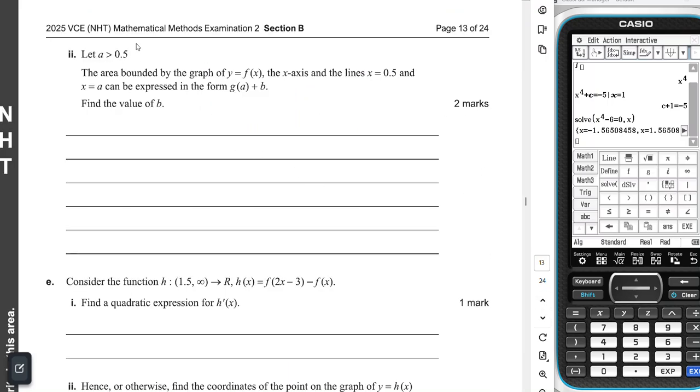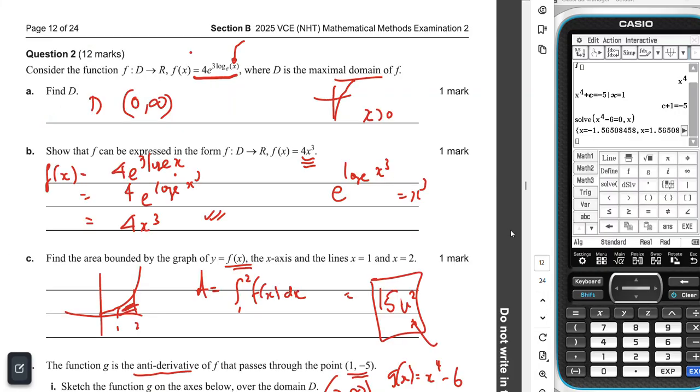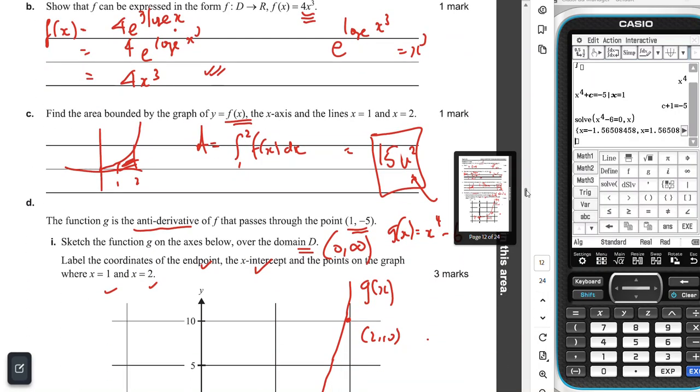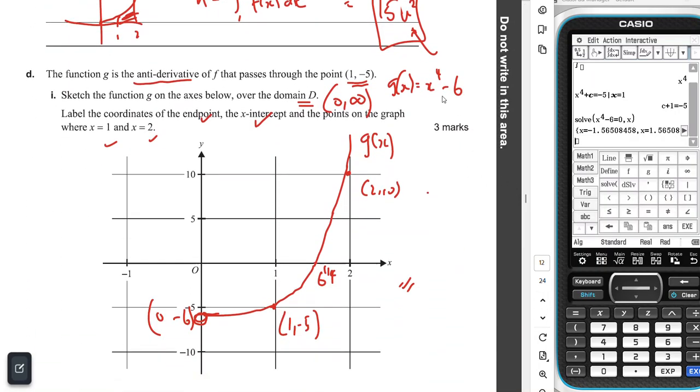Let a be bigger than 0.5. The area bound by the graph of f of x. So that is the 4x cubed graph. That's not the graph that I just drew. The graph that we just drew was g of x, which is x to the 4 minus 6.